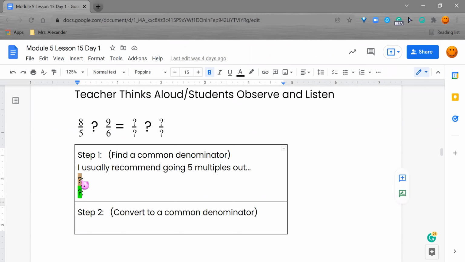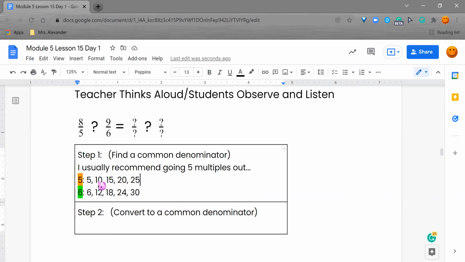So yes, my first denominator is 5, and my second denominator is 6. Right here, I'm going to write out my multiples of 5: 5, 10, 15, 20, and 25. Right down here, I'm going to do my 6s: 6, 12, 18, 24, and 30. And I'm seeing that I don't have a common denominator, so I'm going to go right up here to the 5s. I see that 6 made it to 30.